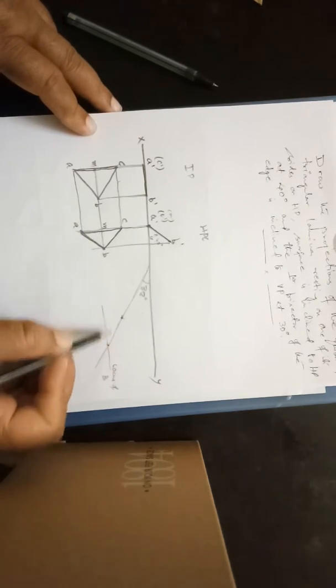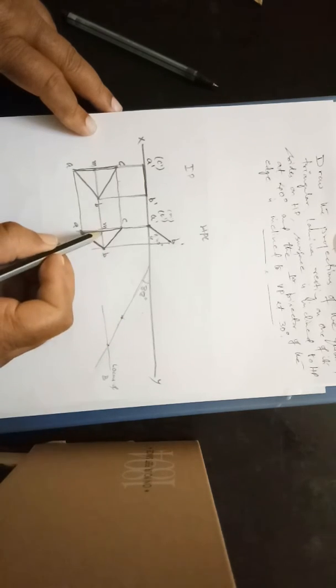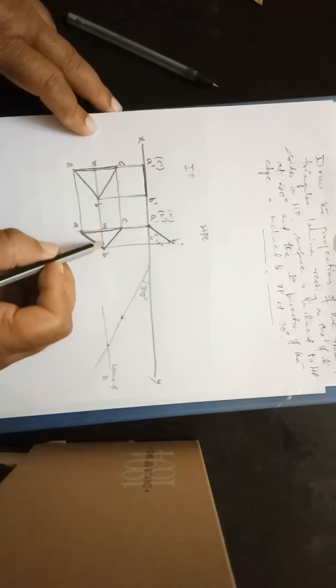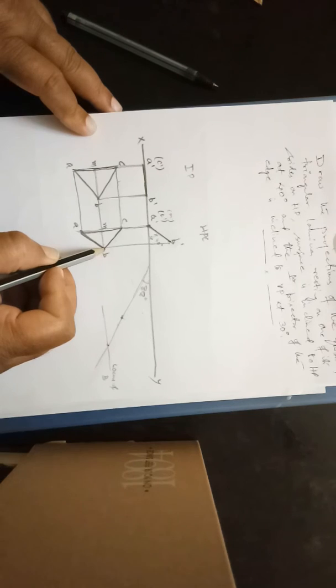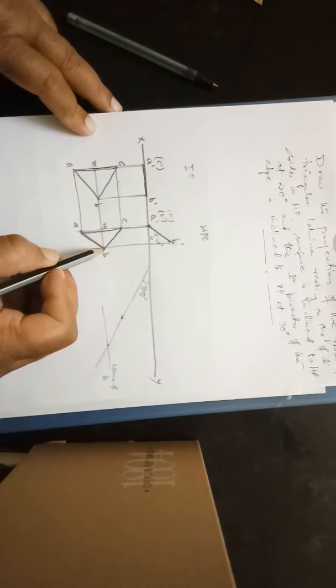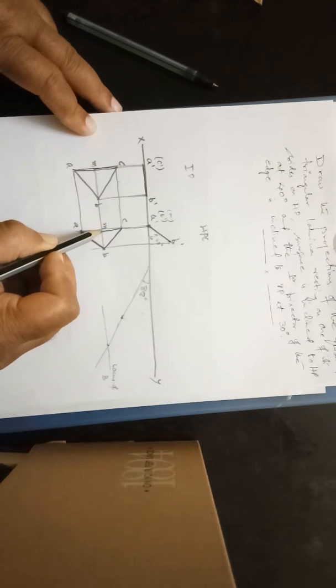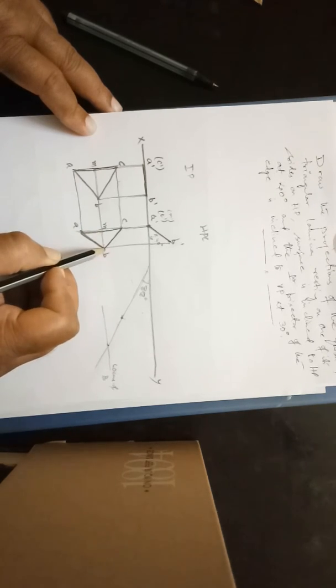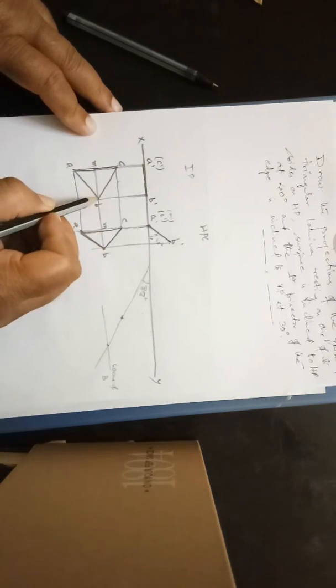Next, this is the true length and this is the apparent length of the perpendicular bisector. So take the apparent length from this figure, this length from M to B. It is smaller than the true length.